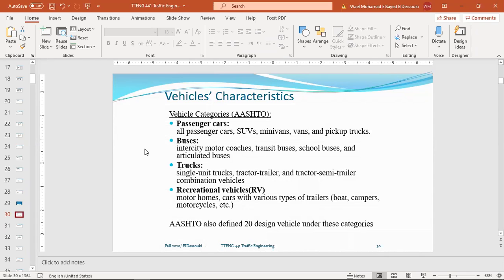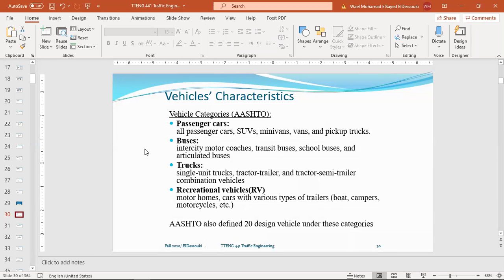For example, the Chevy Silverado, Ford F-150, or Dodge Ram are SUVs or pickup trucks, because the proportion between the engine horsepower and the vehicle total weight is high. It's similar to a passenger car. But trucks, we're talking about trucks that are 7 tons and above.